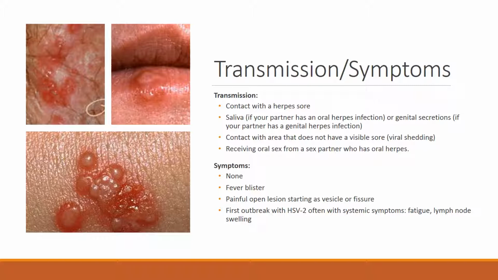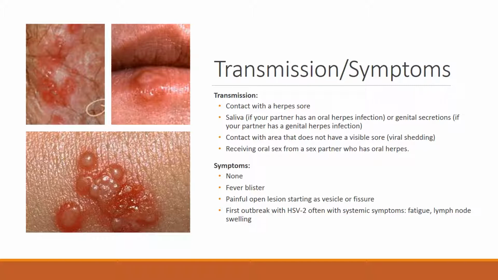Sometimes people don't have any symptoms at all. They may never have an outbreak. They may have come in contact with it, and their body will never have an outbreak. If they do have an outbreak, it will start out as a small group of vesicles, fever blisters. It opens up into a lesion, and can sometimes be seen as fissures in an atypical outbreak.